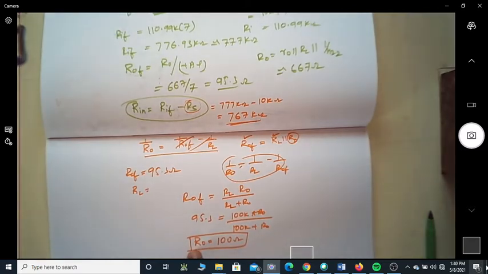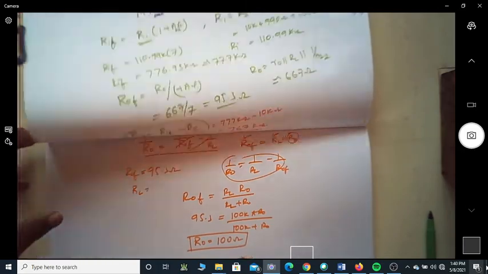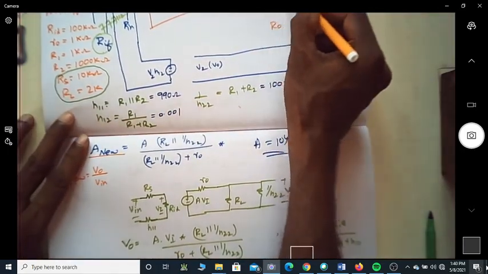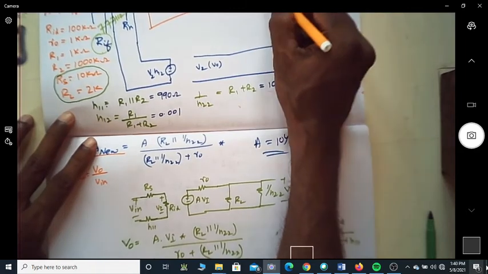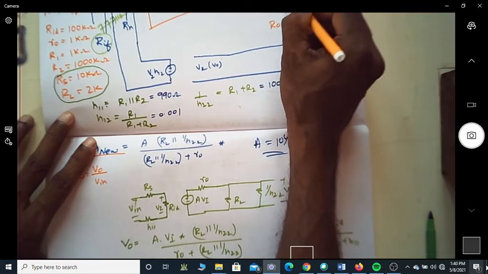So what is this R naught? This R naught is the output impedance of the amplifier after feedback, neglecting the impact of the output load. Let me just take this RL here.